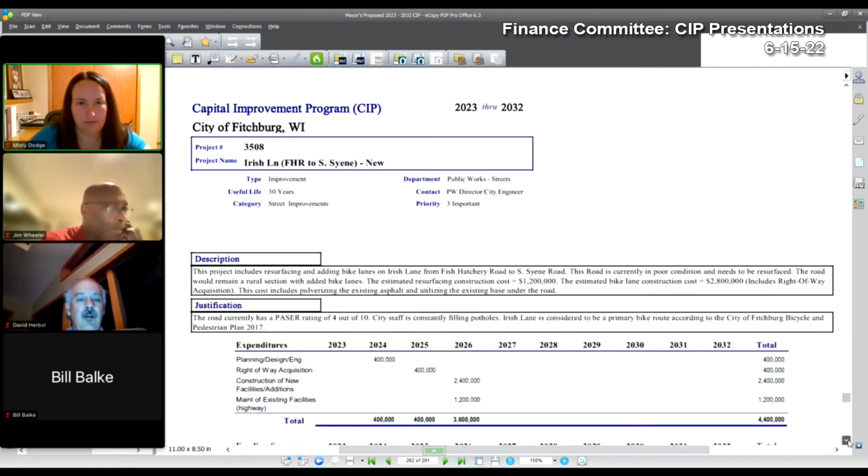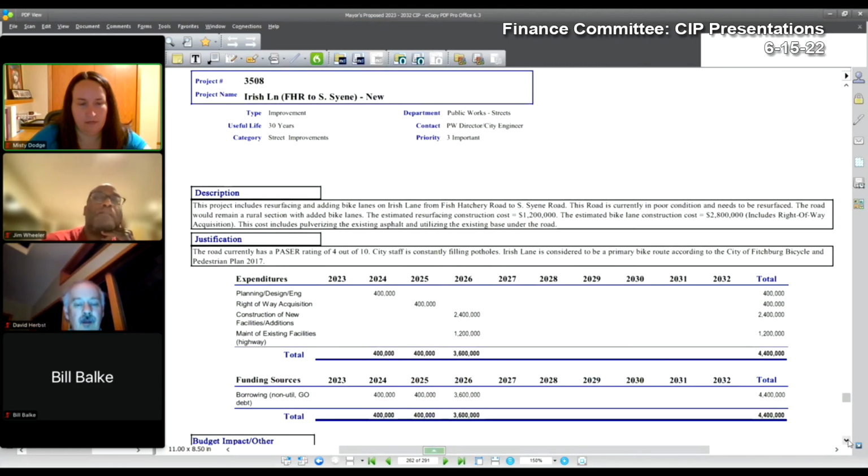3508, Irish Lane from Fish Hatchery Road to South Saline. This road is being considered for resurfacing. The bike and ped plan identifies this road to include bike lanes. Grant has been applied for to assist with the reconstruction of the road. Resurfacing the road is estimated to cost $1.2 million, and the bike lanes an additional $2.4 million.